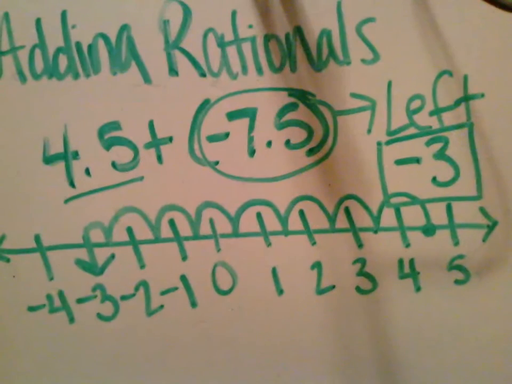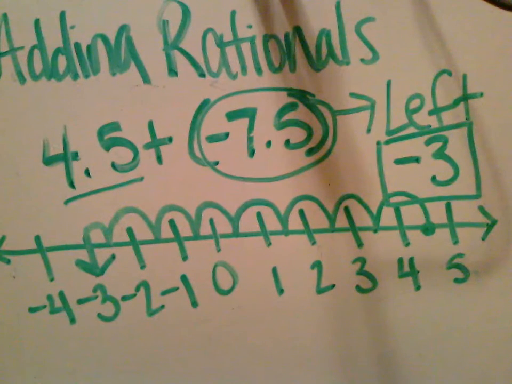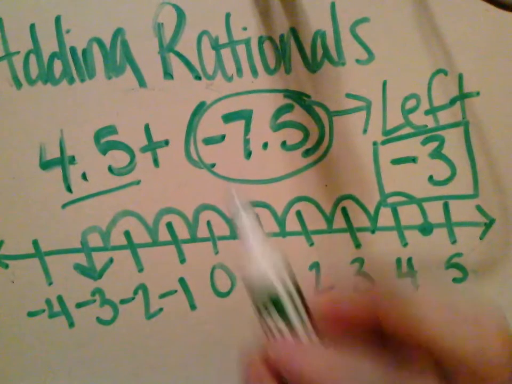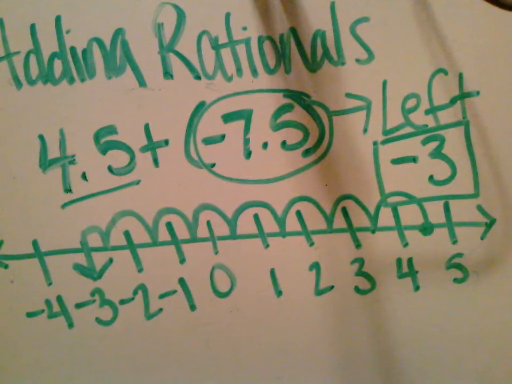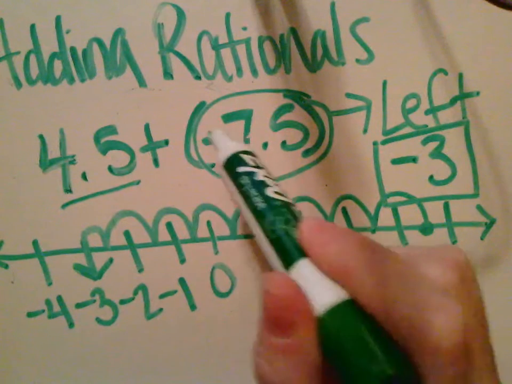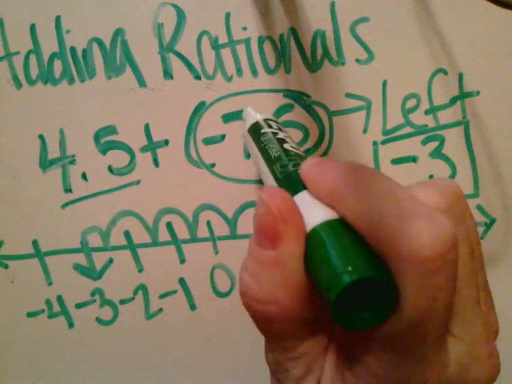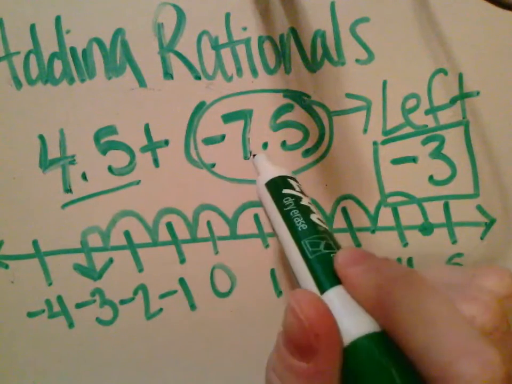Just to do this mathematically, I know that my rule for adding different signs is you look at them and I say, okay, well, my 7 is negative, so I'm going to subtract them.